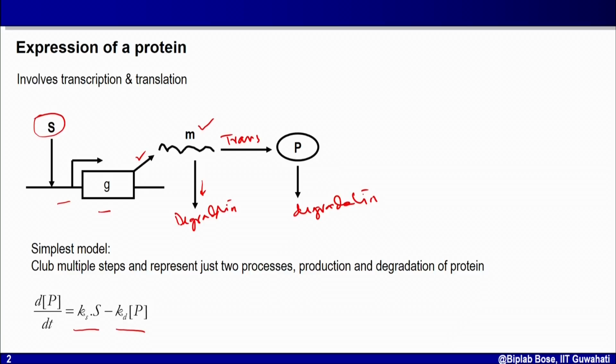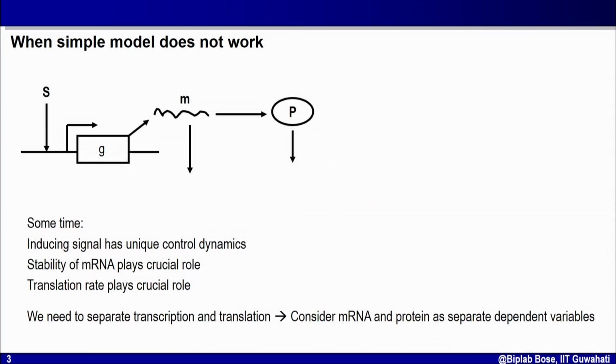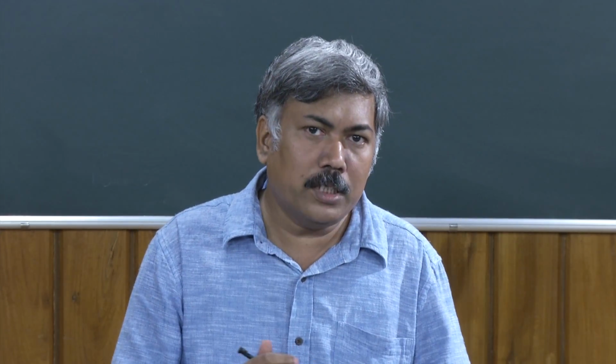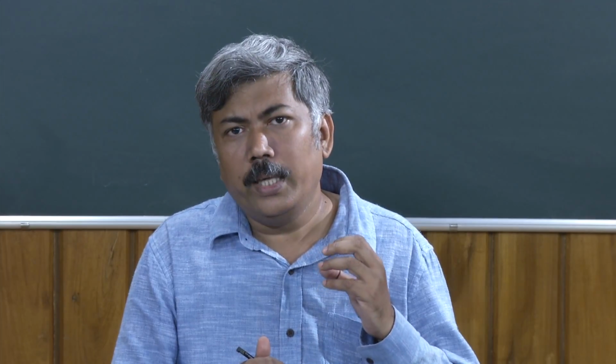This is the simplest one I will always recommend or try to use if I am not bothered about the detailed mechanism, the multiple steps involved in the production of a protein. But in some cases, I have to bother about these multiple steps in transcription and translation separately, because maybe I want to explore the dynamics in terms of the dynamics of the external signal.